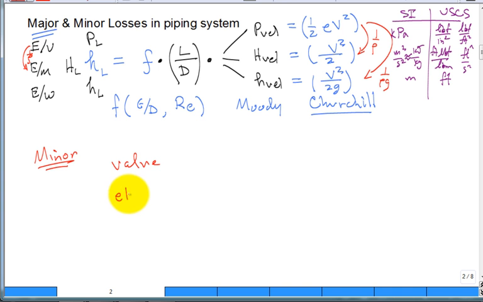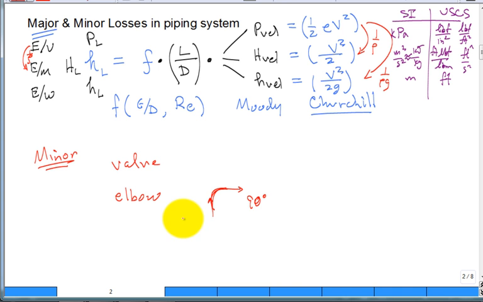Easiest one is an elbow. The flow is coming this way, and you turn it and bring it out that way. That's a 90-degree elbow. They have a lot of different 90-degree elbows: short radius, standard radius, long radius. A lot of loss coefficients, a lot of ways to predict that minor loss in that fitting due to the presence of an elbow.